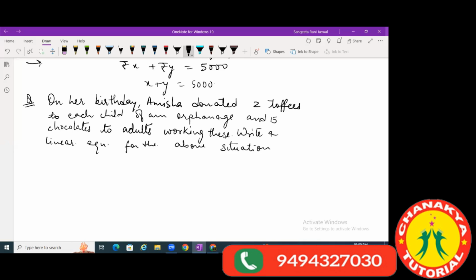If in all 61 chocolates were distributed. Okay, this is your question. Start doing, find your values.